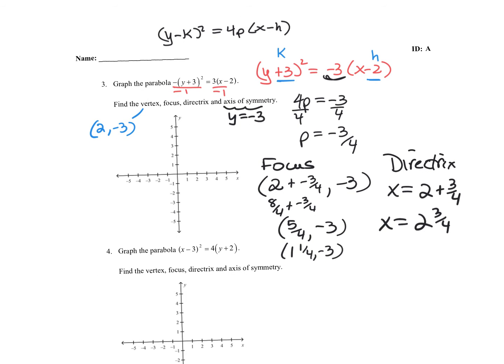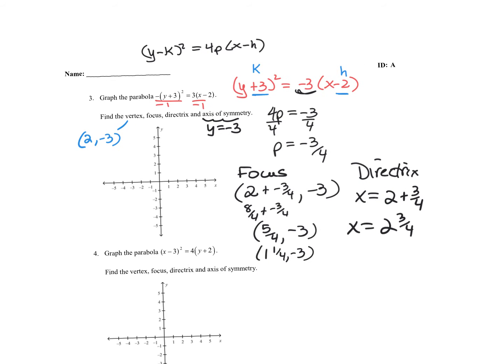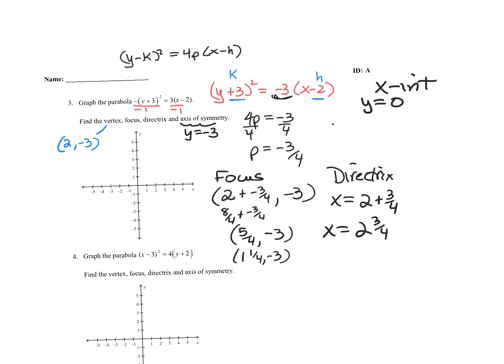I also need to find my intercept. I need to find the x-intercept. So in order to find the x-intercept, when it's a C or backwards C, I'm going to set y equal to 0. So I'm going to go ahead and do (0 + 3) squared equals 3 times (x - 2). So then this becomes this, distribute.